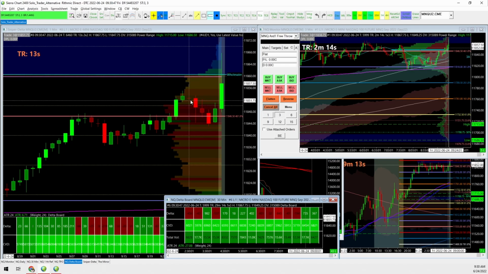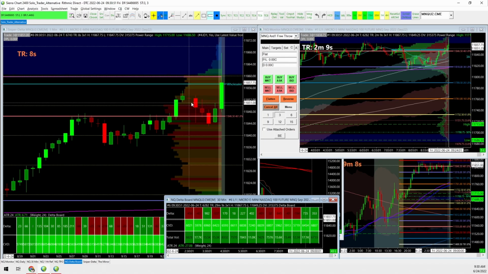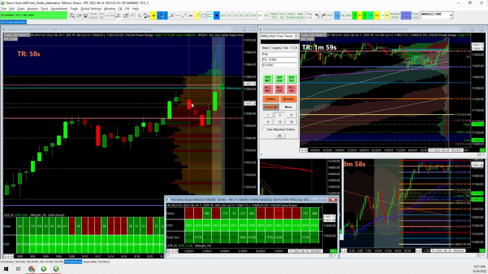Typically, a point of interest for shorts is taking profit on long positions. And we're trading inside the bull zone, so we'll be looking for longs right now.